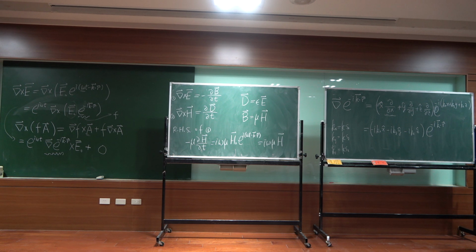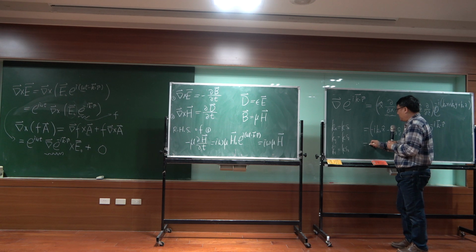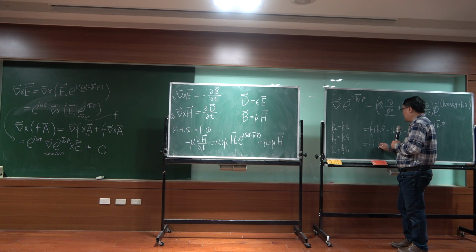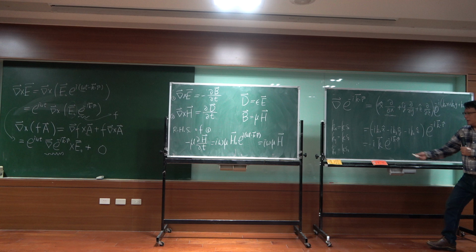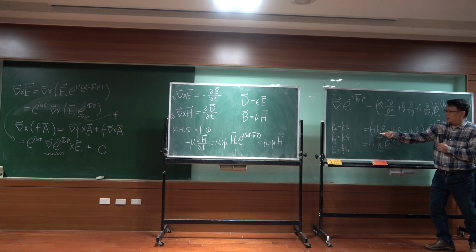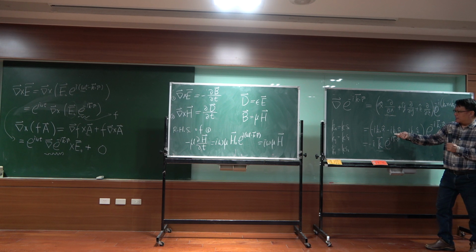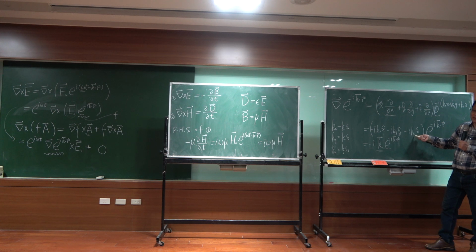So this is just minus i times k vector times the original exponential, e to the minus ik dot r. Here the k vector is kx x hat plus ky y hat plus kz z hat.